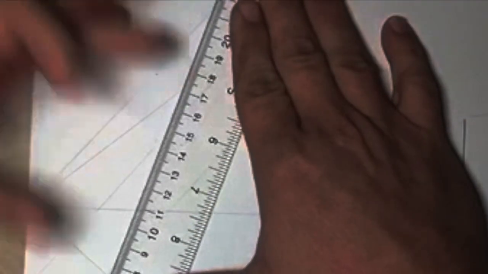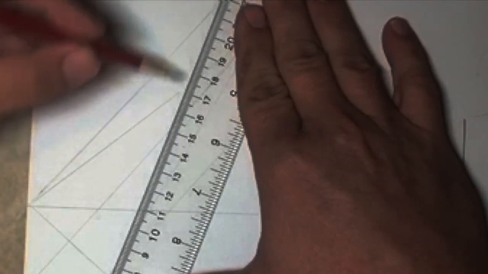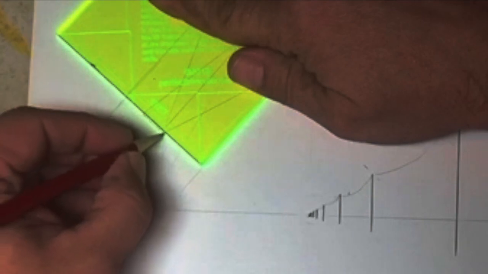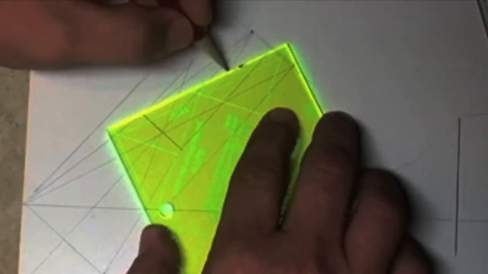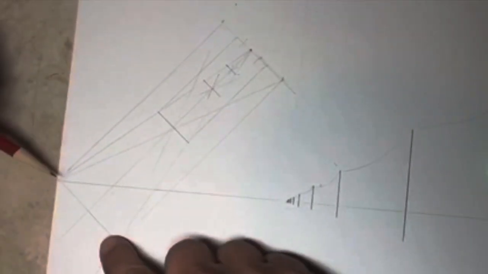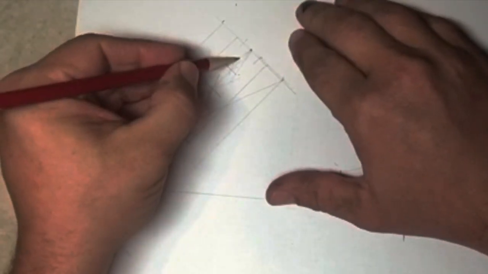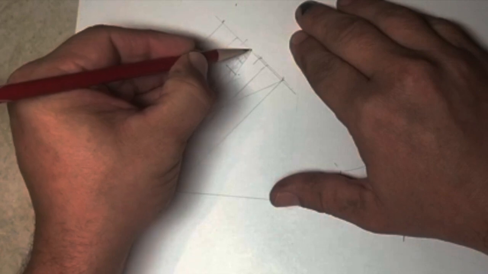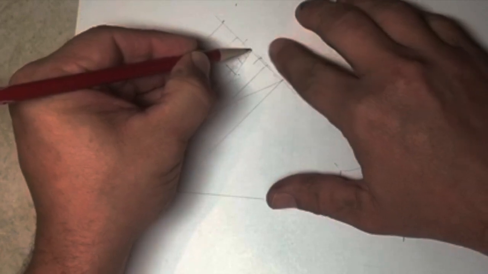We're going to find the midpoint there, and so on. So again, we've got these lines getting closer and closer and closer, always by half, always cutting that distance in half, but never reaching the vanishing point.